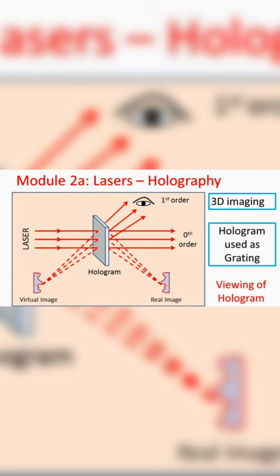So this is how a three-dimensional image can be seen by using the hologram as a diffraction grating. So the hologram is a two-stage process. In the first stage, the hologram is recorded in the form of an interference pattern, and in the second stage, the hologram is used as a diffraction grating for 3D reconstruction.